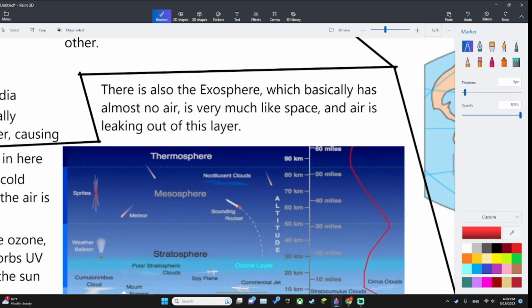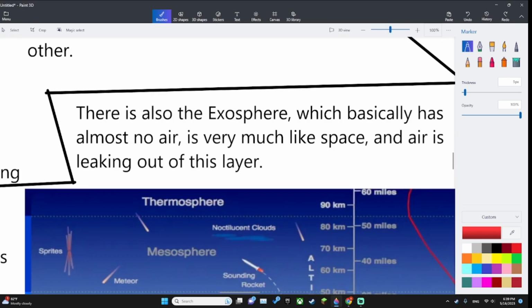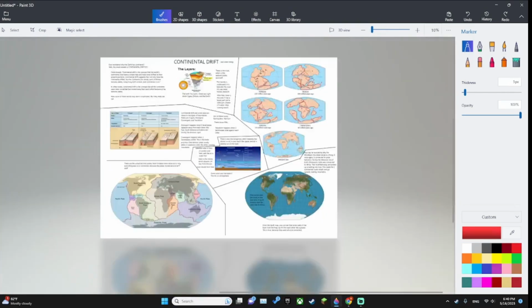Satellites usually orbit here, and it's even colder and the air is even thinner. Finally, there's the exosphere, not listed, where there's almost no air. The air is very thin, and it's leaking out of this layer. So that's pretty cool.